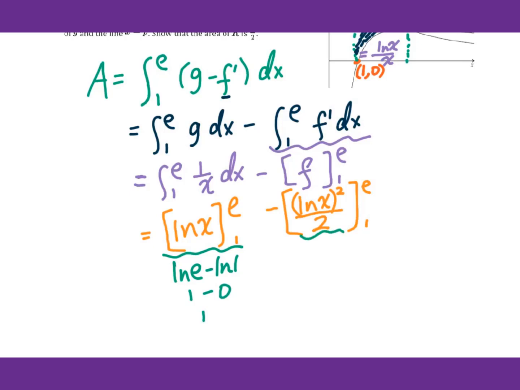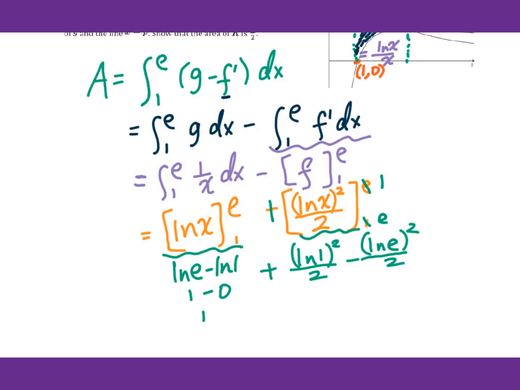For the other part, I will do plus, then switch here from e to 1. So we plug in natural log of 1 squared over 2 minus natural log of e squared over 2.